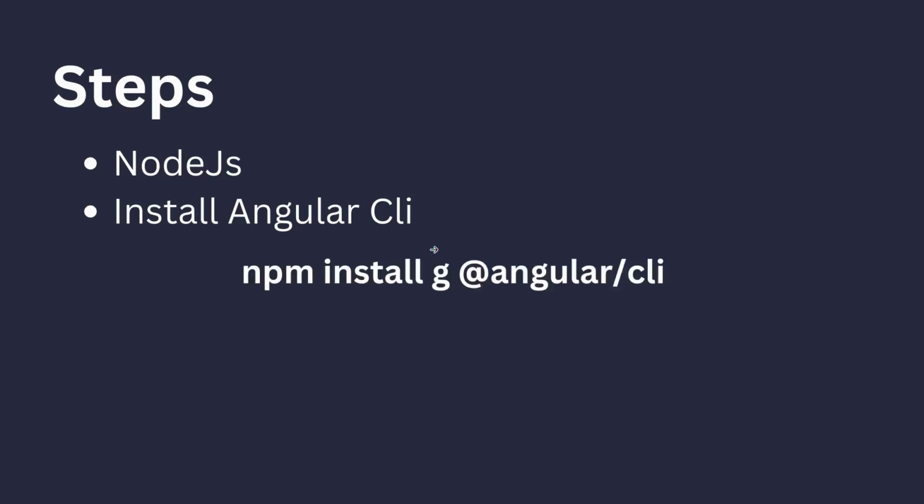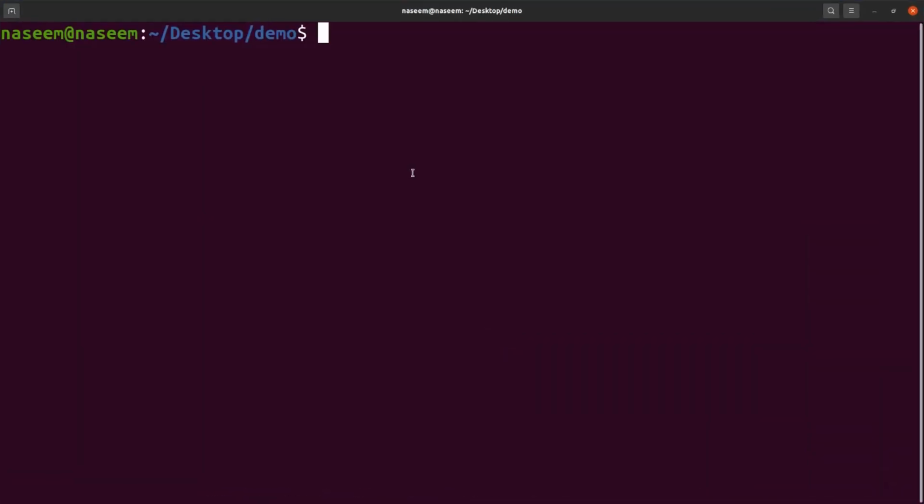For that, we need to run the command npm install -g @angular/cli. By npm we can install Angular CLI. Here -g defines that this Angular CLI is installed on the global layer.